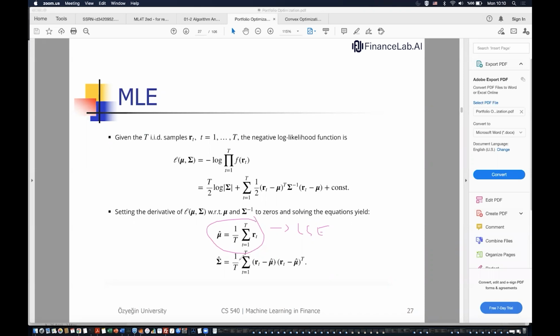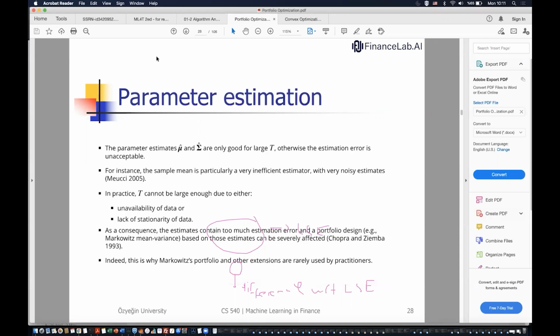Instead of dividing by T minus 1, we are now dividing by T. So this is the difference with respect to the least squares estimate. And that's the difference between the maximum likelihood estimator and the least squares estimator.